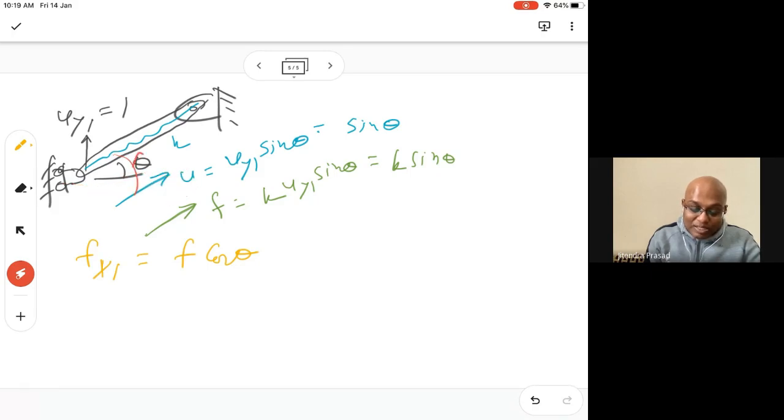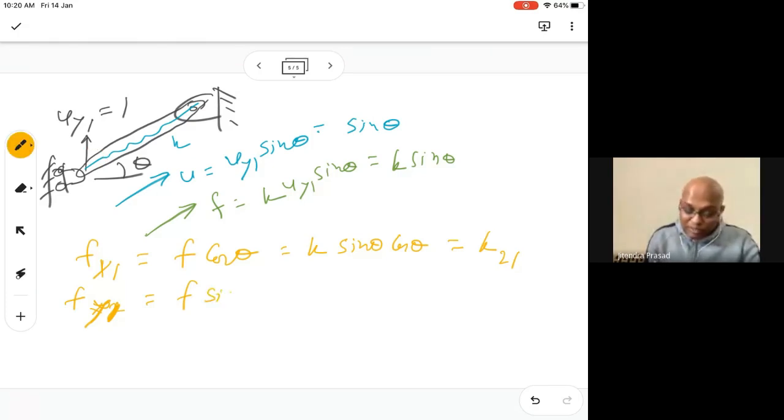So F cos theta will be the resolution, which will be equal to K sine theta cos theta, and which is equal to K 2 1. Now Fy1 is equal to F times sine theta. So F sine theta is equal to K sine square theta, which will be equal to K 2 2.